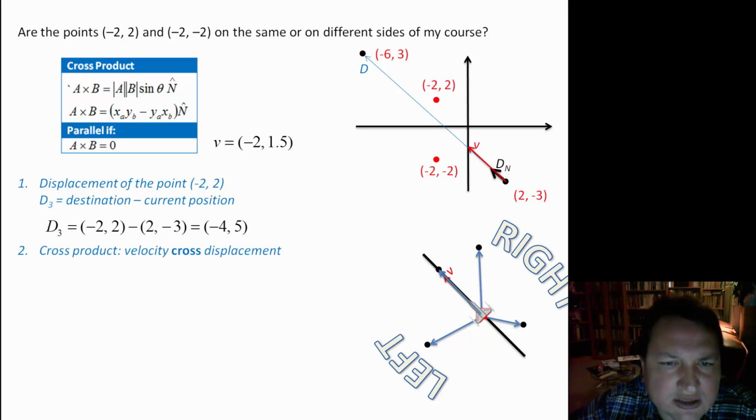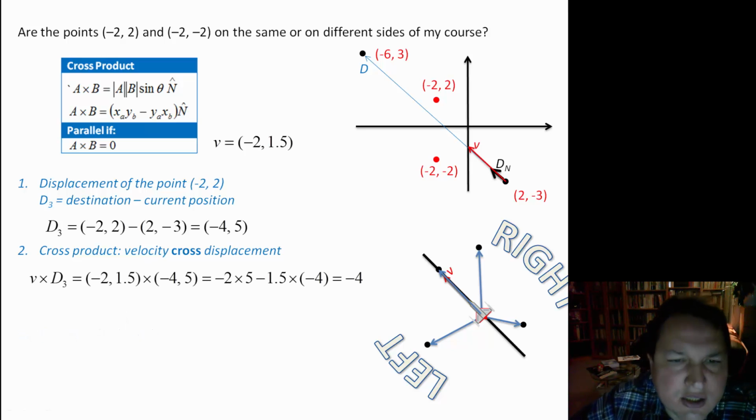The cross product, velocity cross displacement, we'll be calculating using this formula here, without using this vector. It's just added for mathematical correctness, but what's practical is here in the brackets. So the calculation is as follows. You take the x of the vector number 1 multiplied by the y of the vector 2. It's easy to remember because we just take the externally lying values. -2 times 5, it's here.